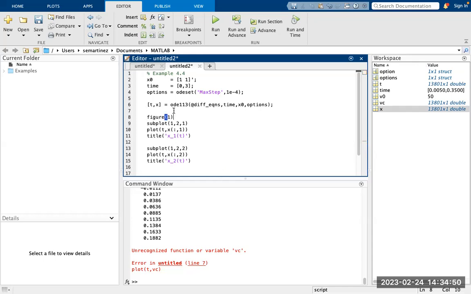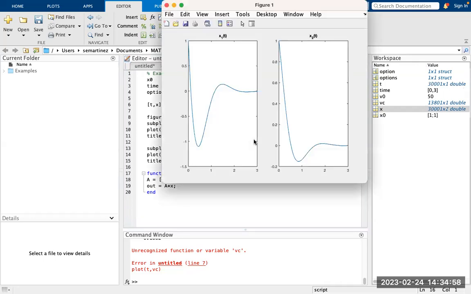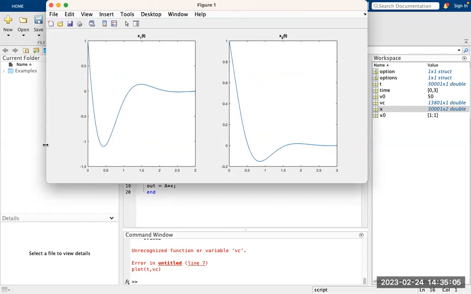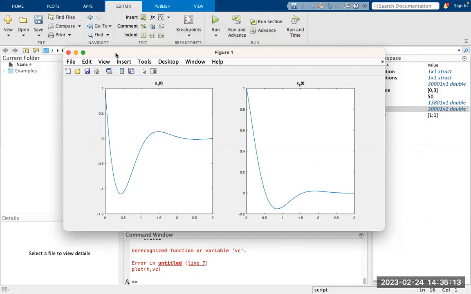We're going to call it figure 1. So if we run this thing, there we have our two solutions. The same one that we approximated last class, right? It's exactly the same one. This is a very simple system, though.